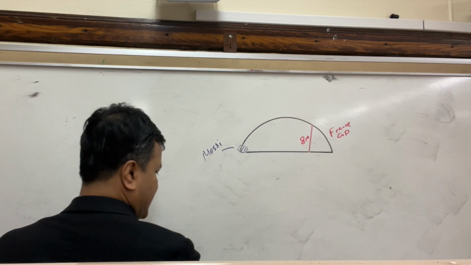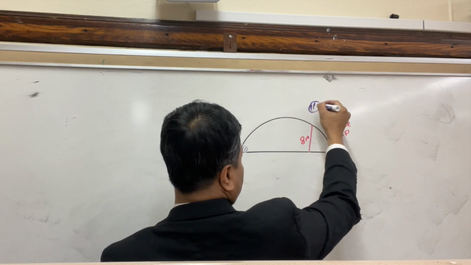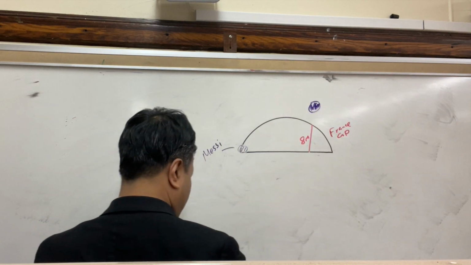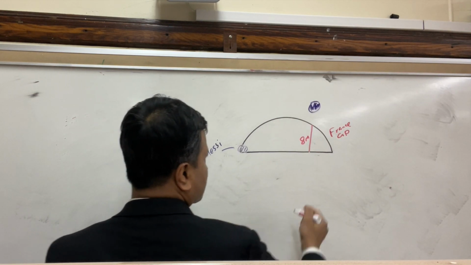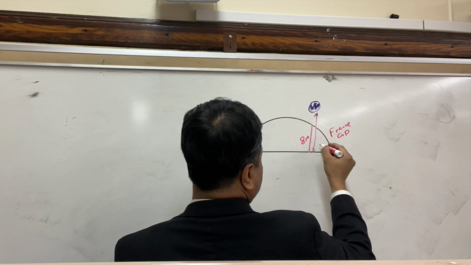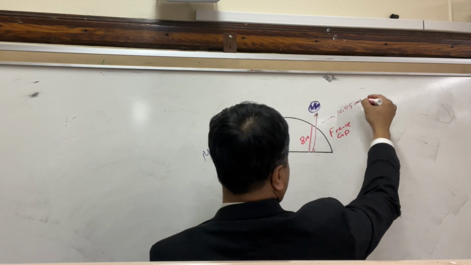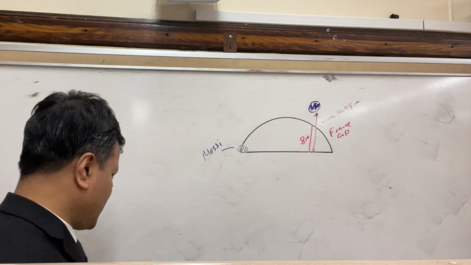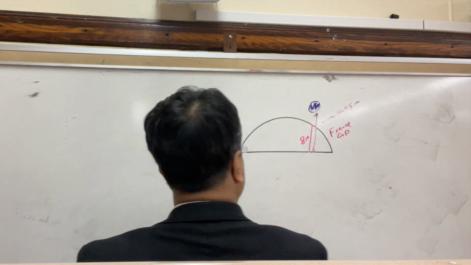However, the ball is here, over here, and the height of the ball is, I told you, 10.45 meters. I want you to find the velocity vector over here.